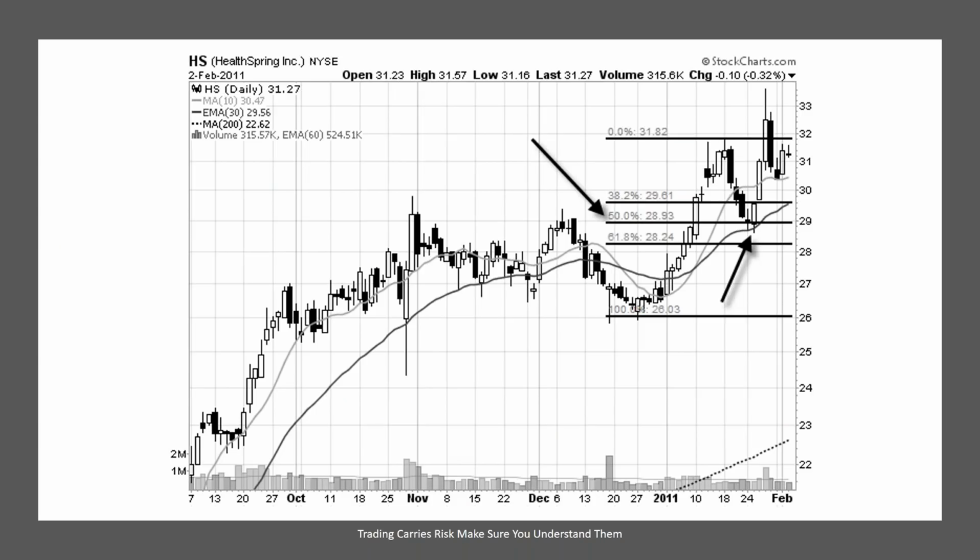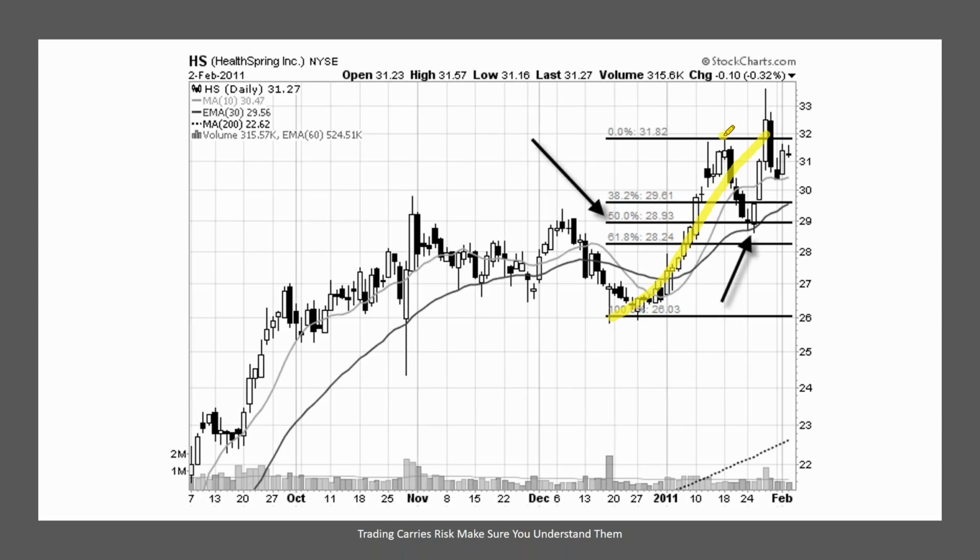We simply locate the swing high and the swing low of the previous move, the previous trend, like you see on here. Let me get my marker on here. And then pull our Fibonacci level on here.